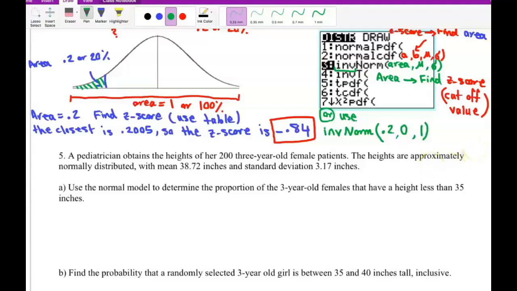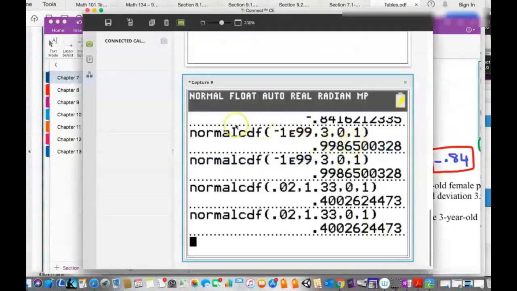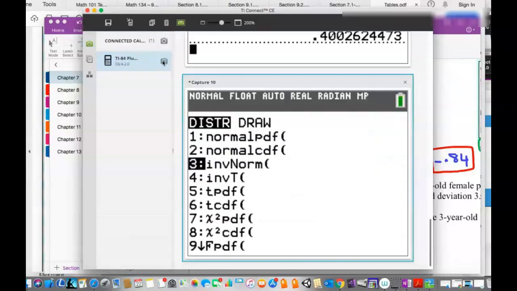Okay, so let's go back to our calculator and see what the answer is. So again, press second, then bars, then choose inverse norm. So here is my page. After I press second, bars, I'm choosing number 3, inverse norm.